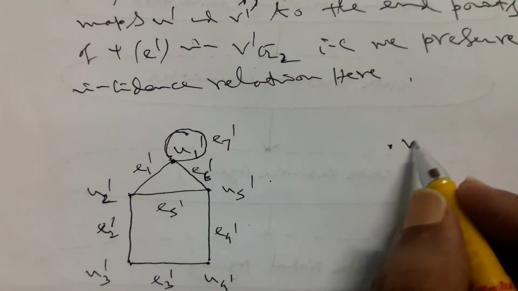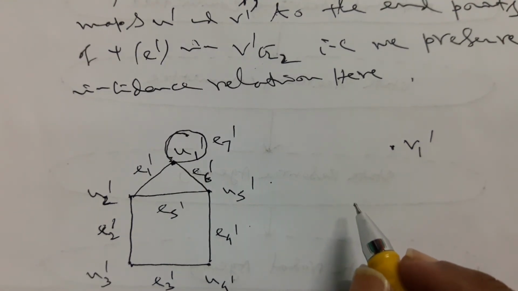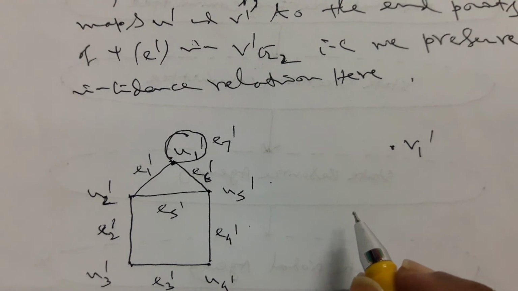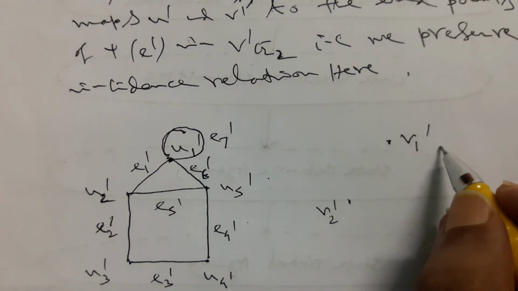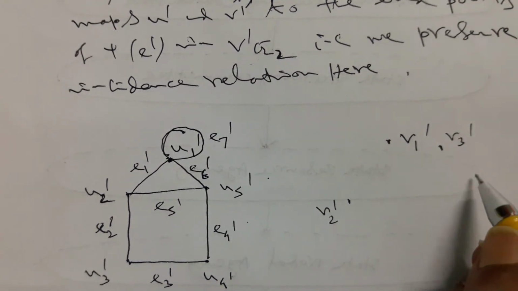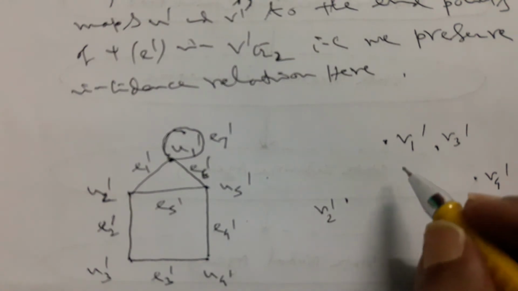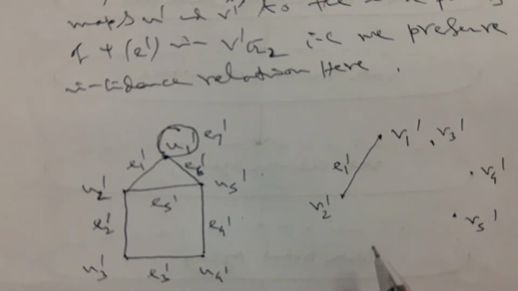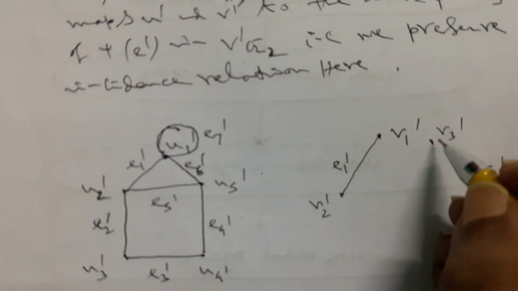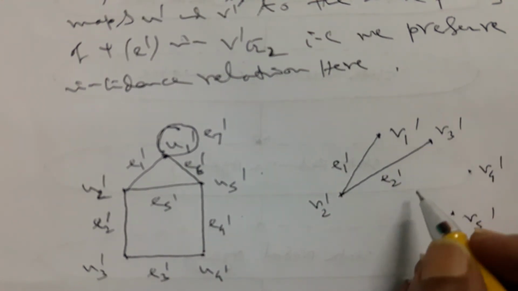So if we consider v1' and the second graph like this, v2', v3', v4', v5', connected with u1' and it is e2'.